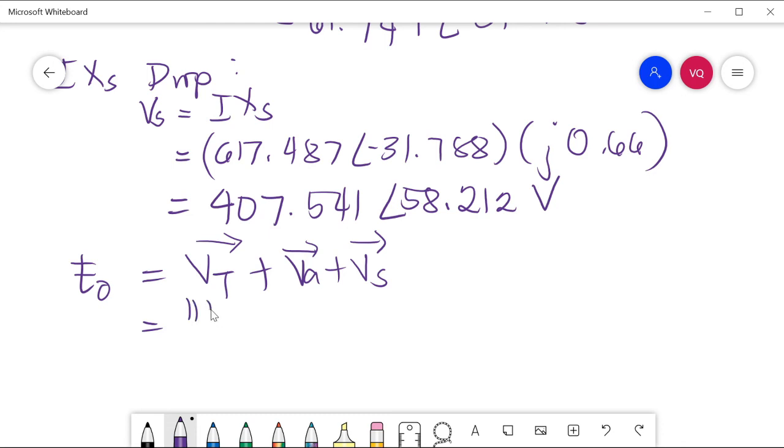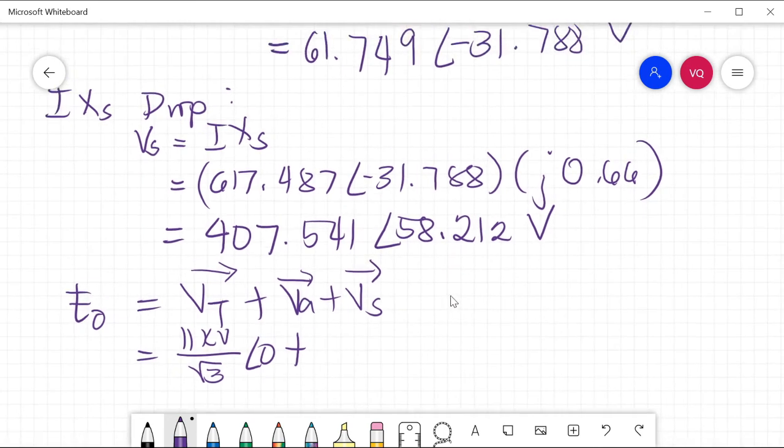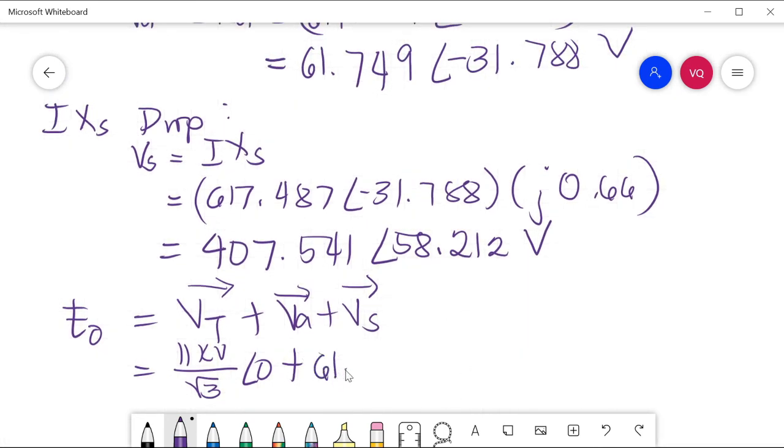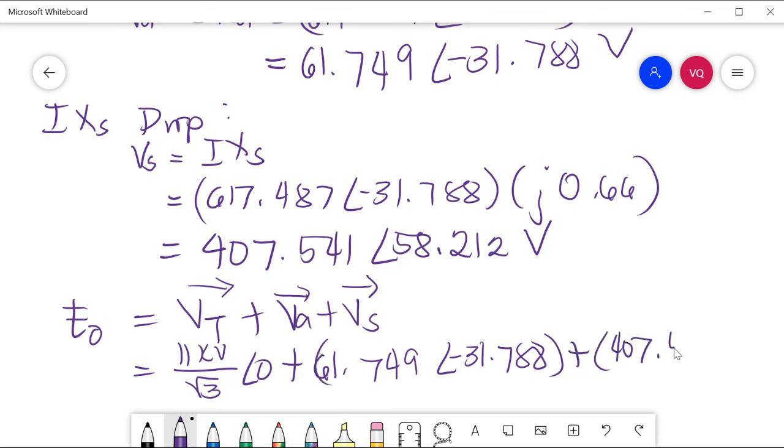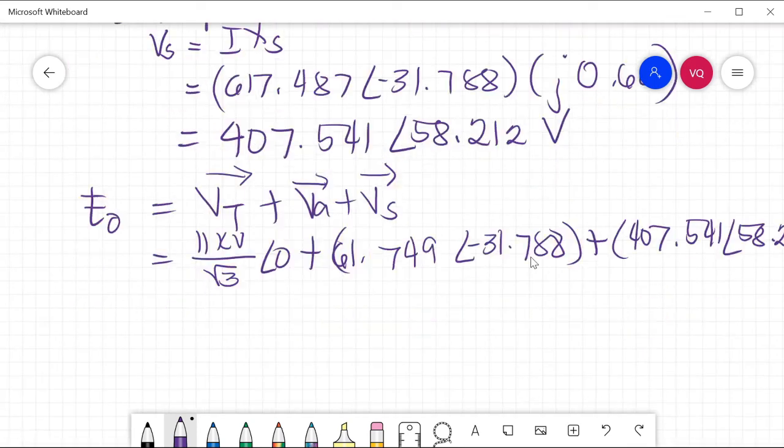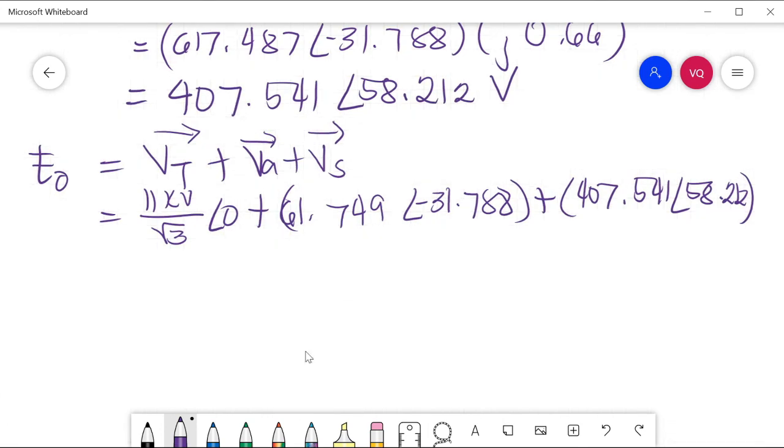So we will divide the 11 kV by square root of 3 angle 0, because it is at the reference, plus VA. The value of VA is 61.749 angle negative 31.788 plus 407.541 angle 58.212. So our EO is per phase, because the terminal voltage is per phase.